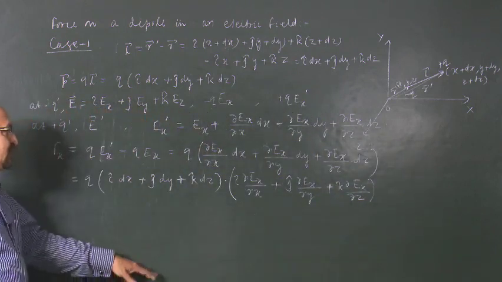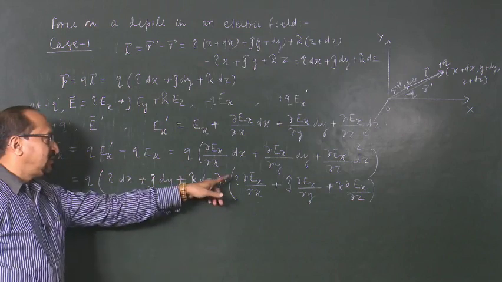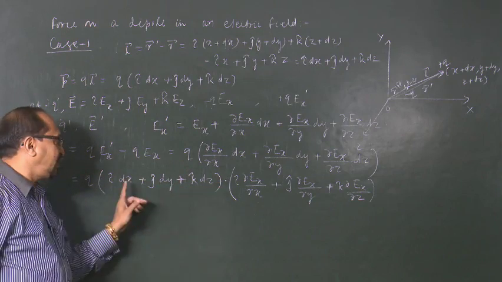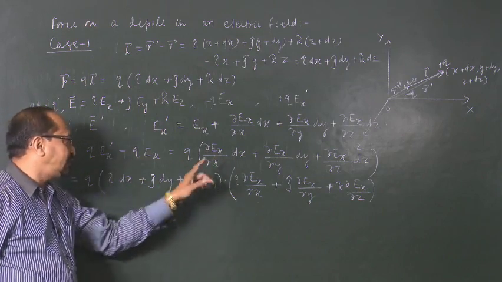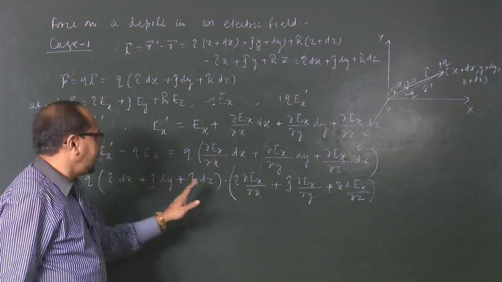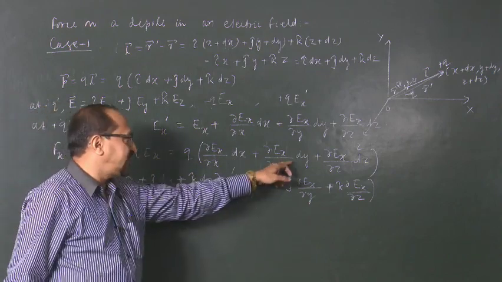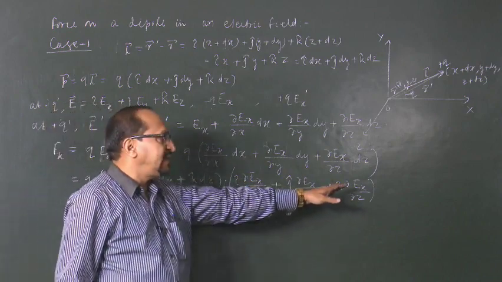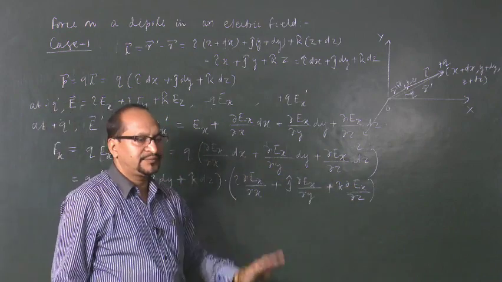You can very well check it: i cap dot i cap is 1, giving del E x by del x into dx, then j cap dot j cap is 1, giving del E x by del y into dy, the second term, and the third term is del E x by del z into dz.